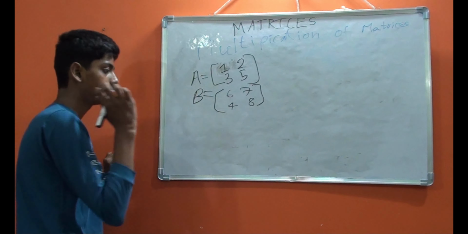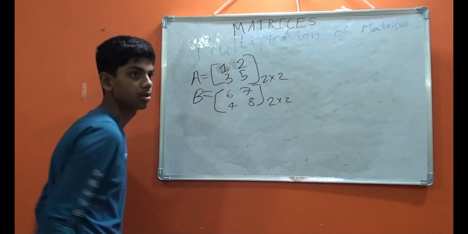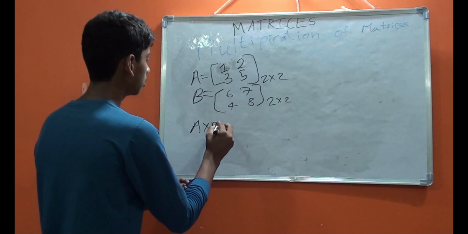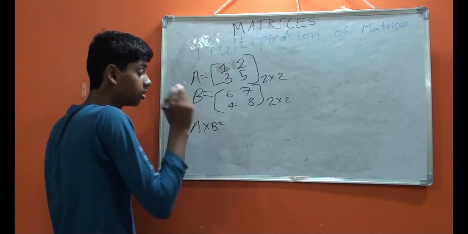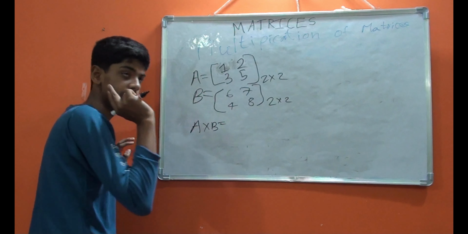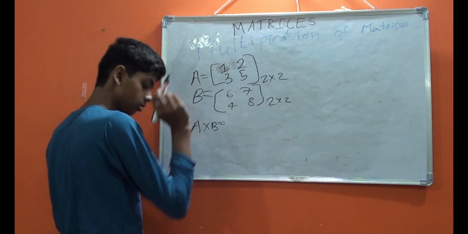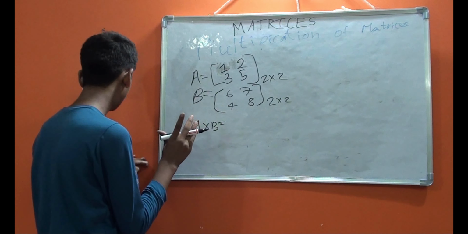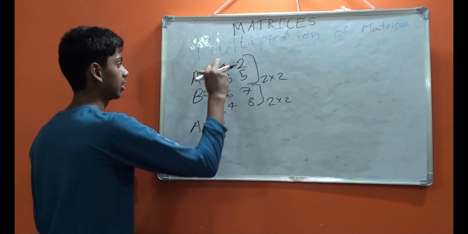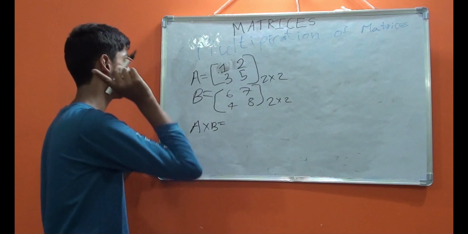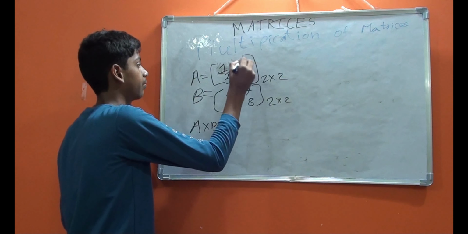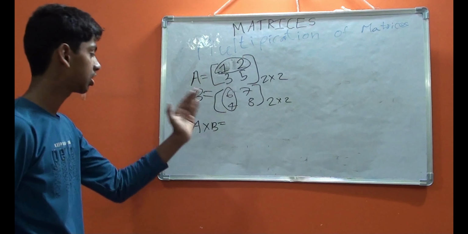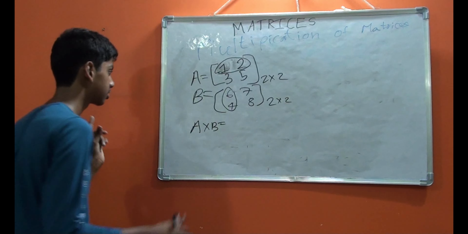So we write A into B. Multiplication of matrices is kind of hard, so you have to practice it more to do it perfectly. Now we have to take the first row of matrix A and the first column of matrix B.